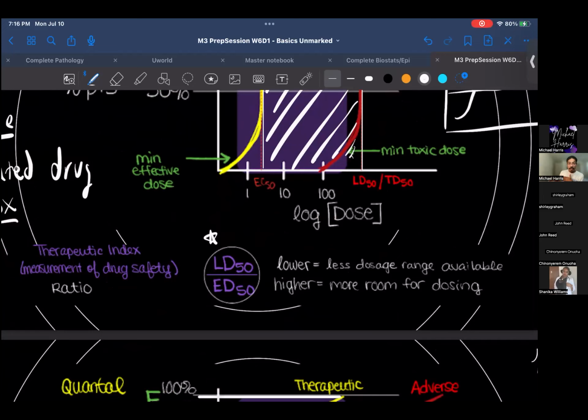LD50, lethal dose 50, over effective dose 50. This gives you your therapeutic index. Now, if you have a high therapeutic index, what do you think that means?